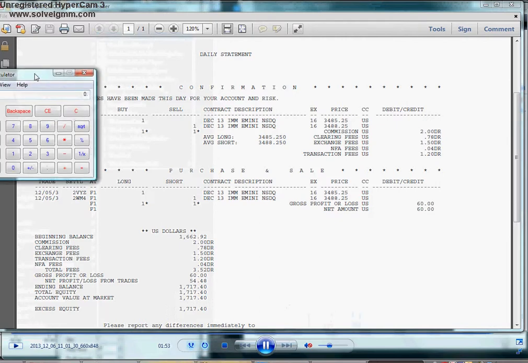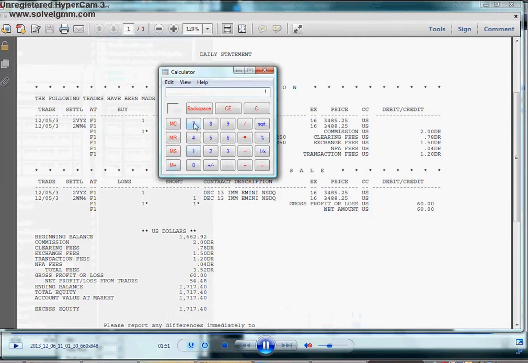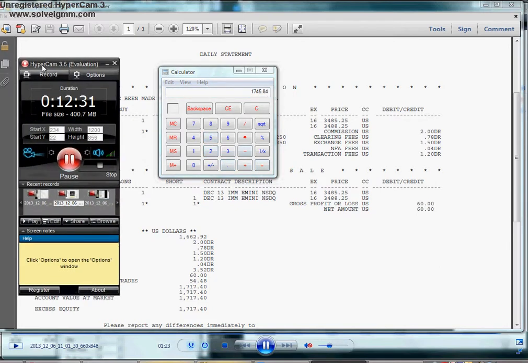Let me see what I'm at now. 1717.40 plus $45 profit minus 5.52. That's one trade, minus 5.52, which is two trades, minus 5.52. That's the third trade. So how much time we got? 12 minutes and 31 seconds.